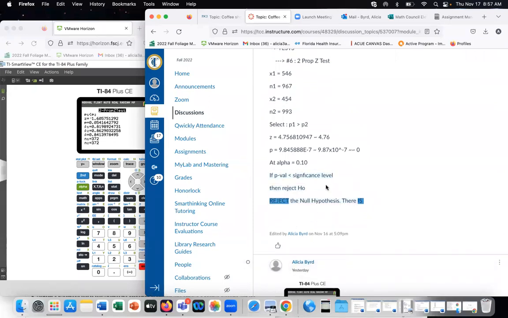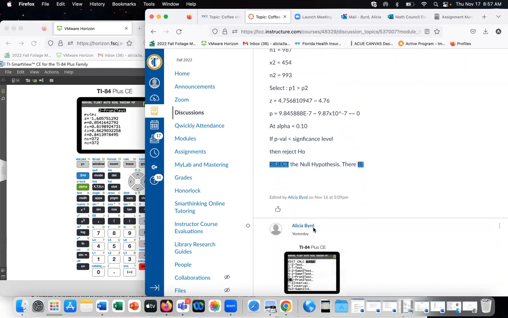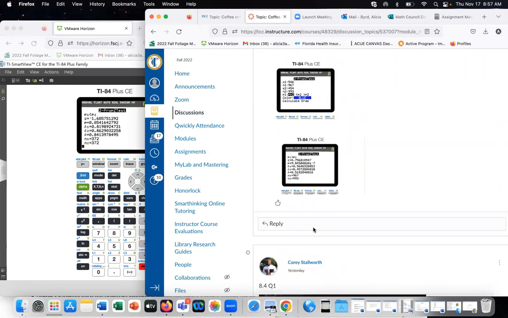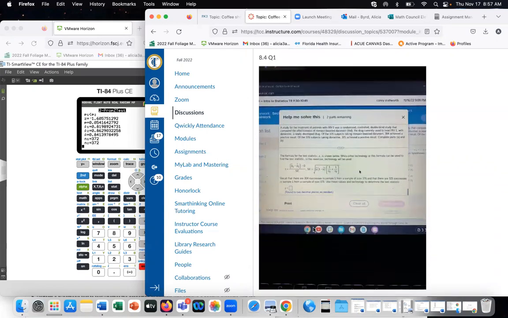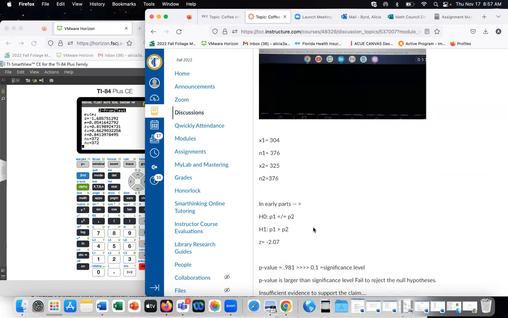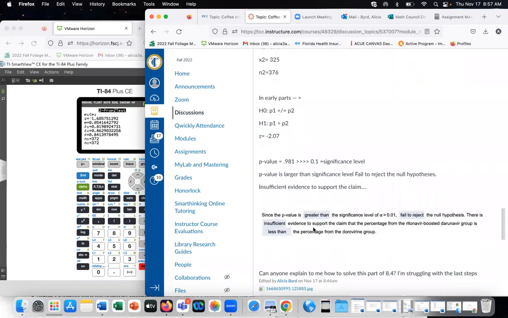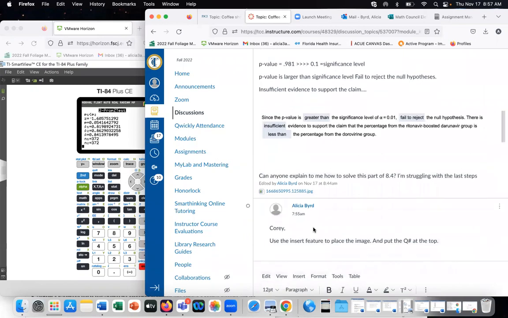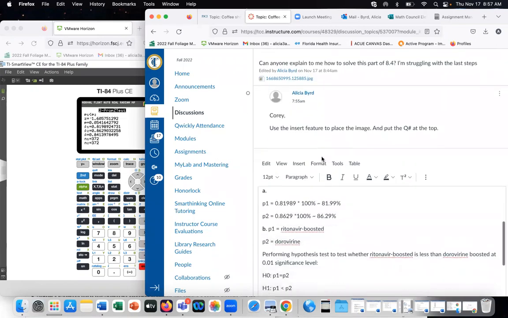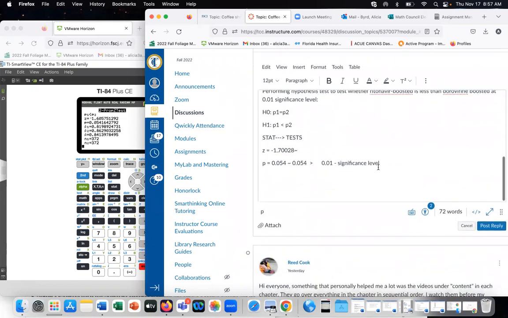If it's greater than, you fail to reject. So you have these notes now for the ones that we've done. And I think it'll help. I'll keep doing it for any questions, even if it's not this section, even if it's old sections, because when we start studying for the final, we can go back and pull those things forward. Does that make sense? Yes, it makes sense. That way hopefully everybody can get caught up. That would be my goal.